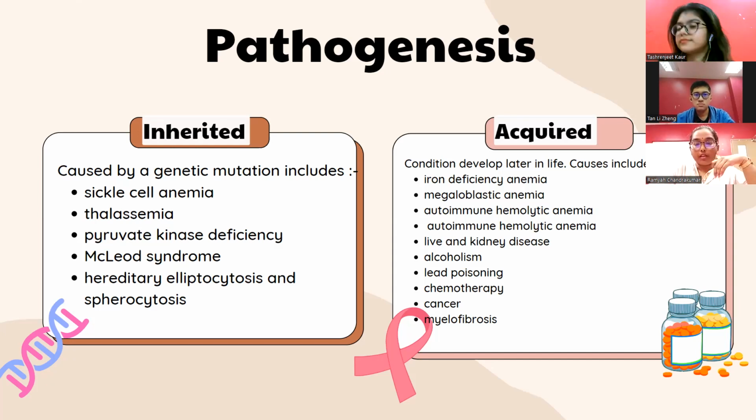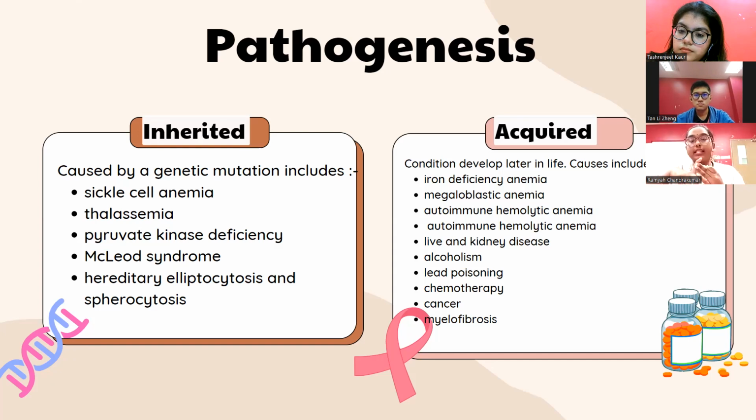And acquired causes of poikilocytosis include iron deficiency anemia, which is the most common form of anemia that occurs when the body doesn't have enough iron. Then megaloblastic anemia, which is an anemia typically caused by a deficiency in folate or vitamin B12.